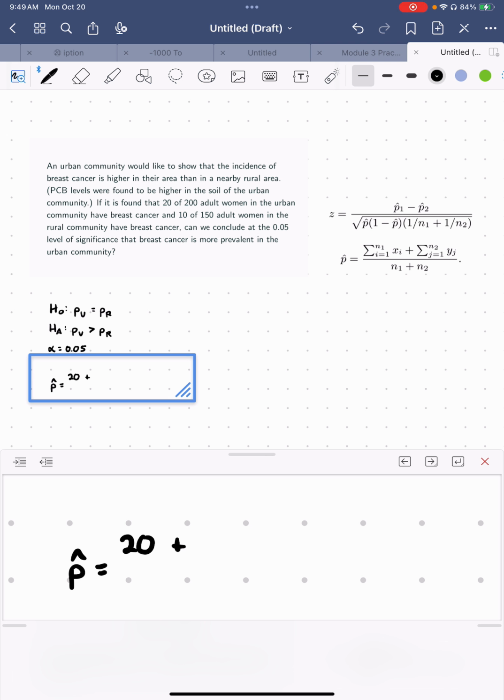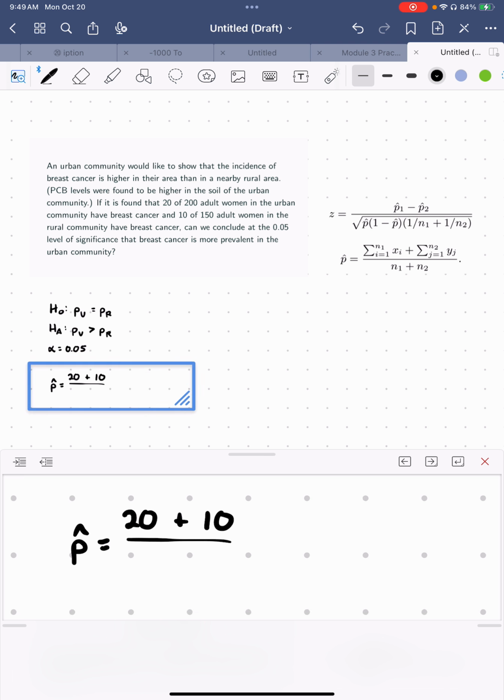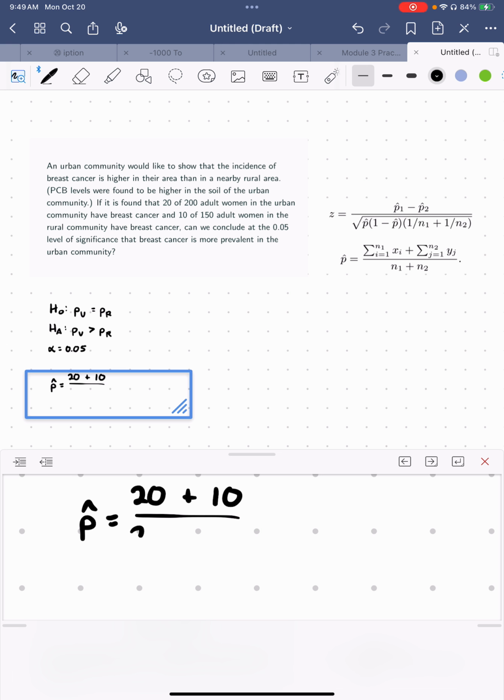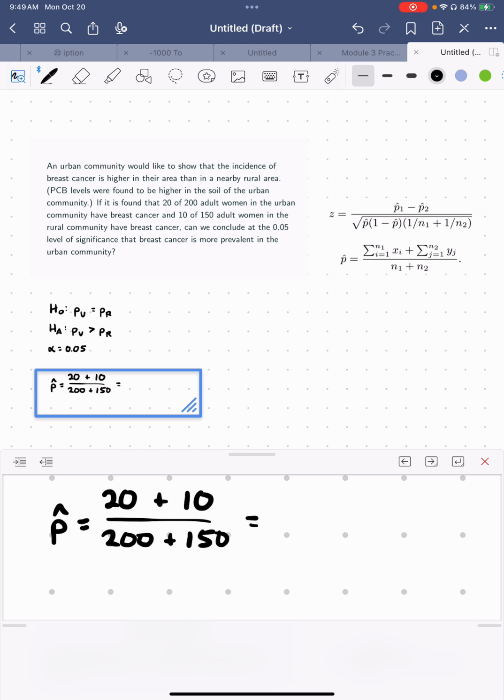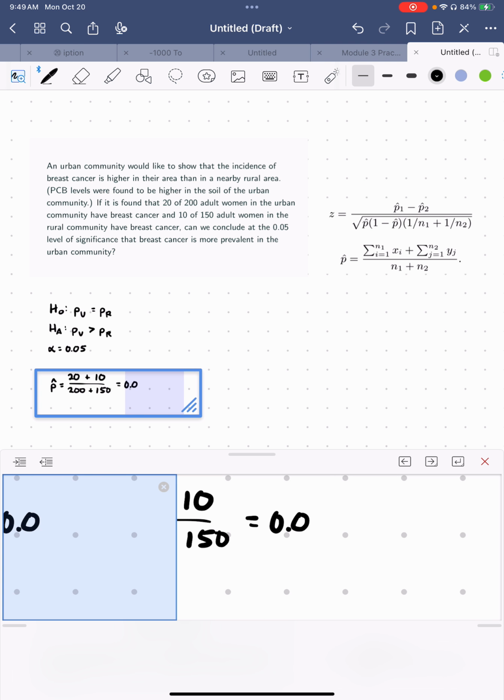So these are the values of the people who were found to have breast cancer, and then divided by our total populations for each sample. So that's 200 plus 150, and this equals 0.085714.